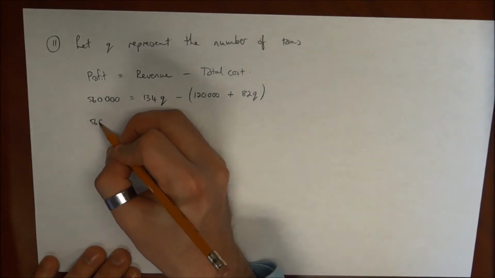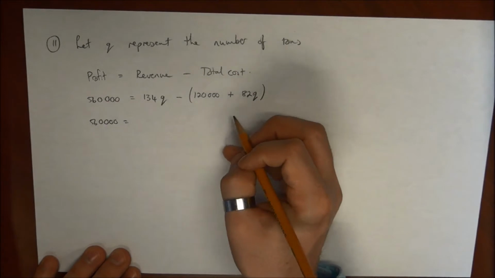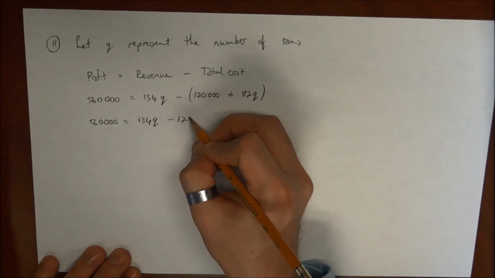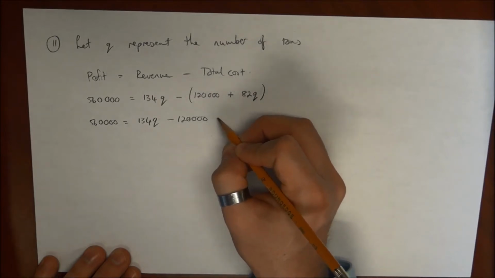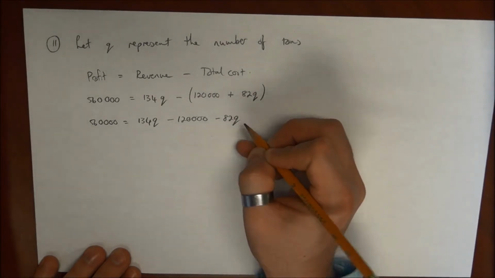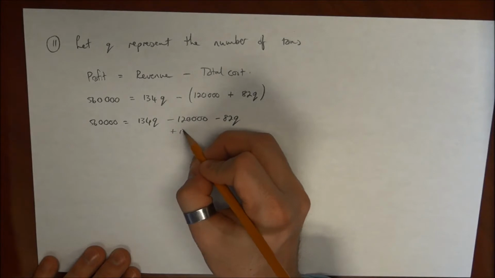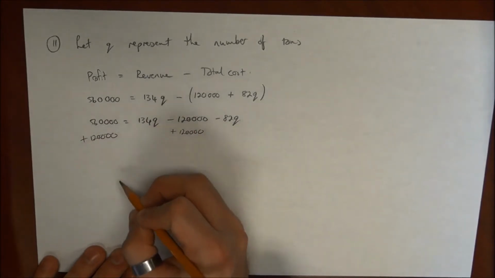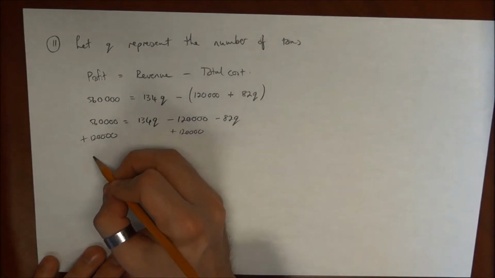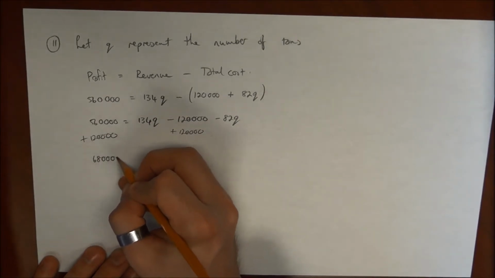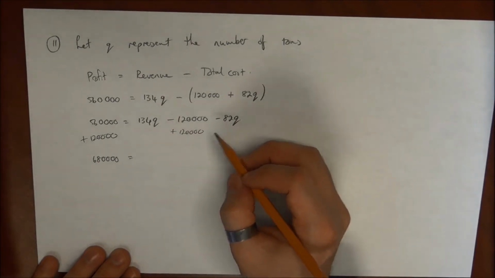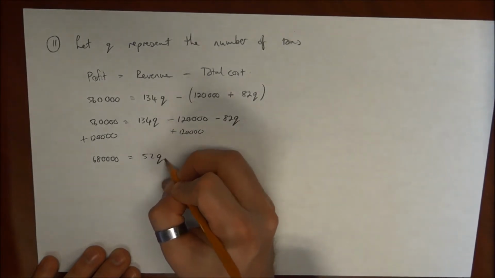Now let's simplify the right hand side to get 134 Q minus 120,000 minus 82 Q. So add 120,000 on both sides and I get 680,000. 134 minus 82 is 52Q.